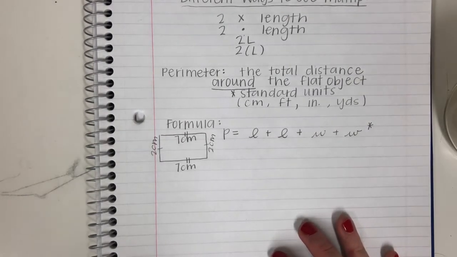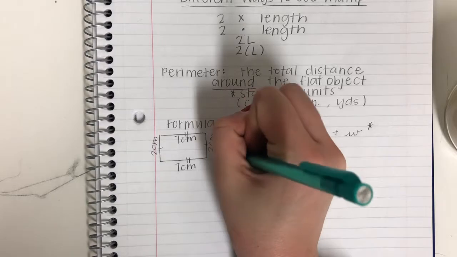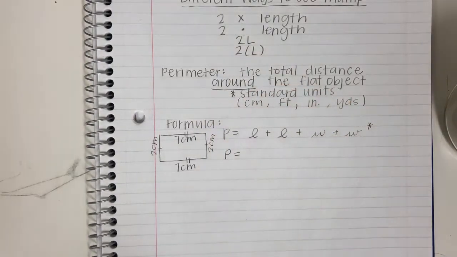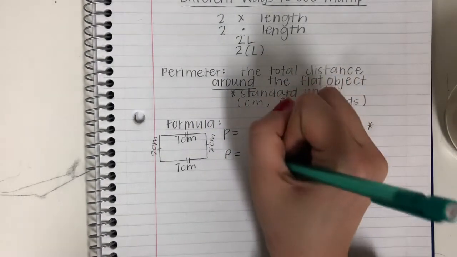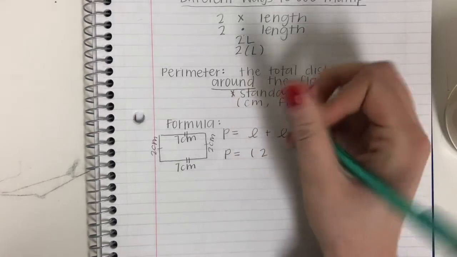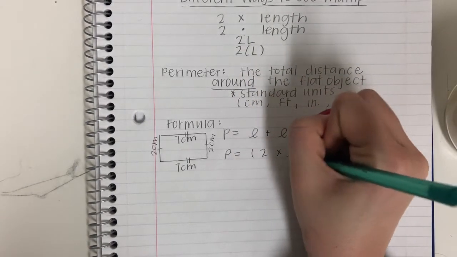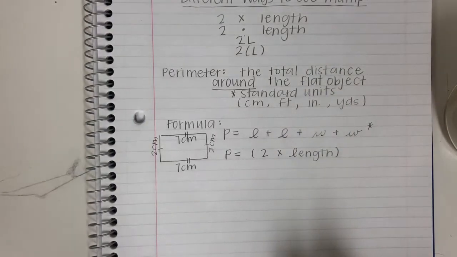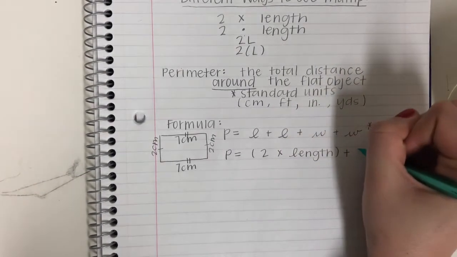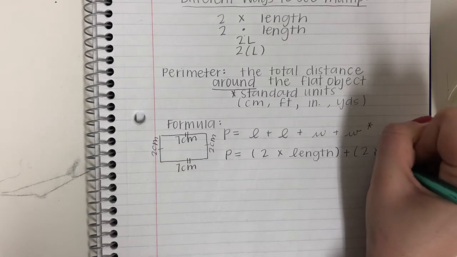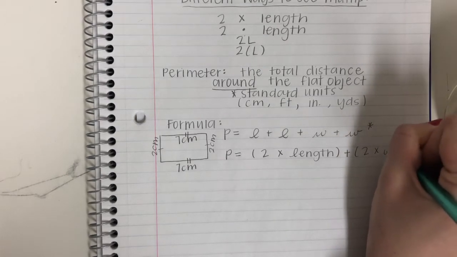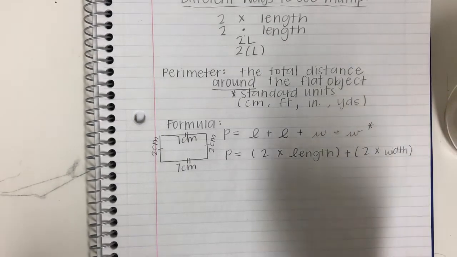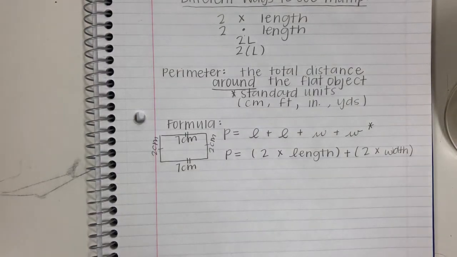Another way you could do perimeter is P equals parentheses 2 times the length plus 2 times the width. Okay.